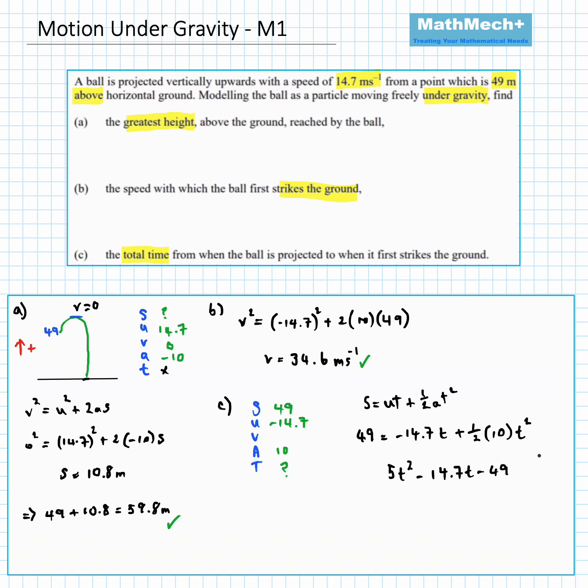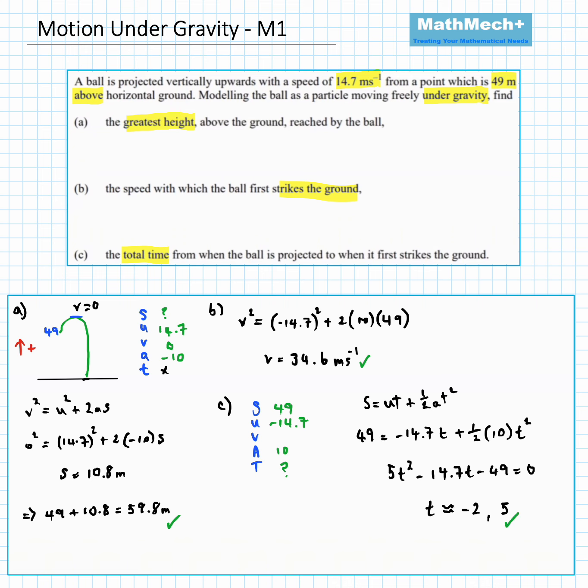So plug in your formula, minus b plus or minus root b squared minus 4ac over 2a. And you get t is equal to minus 2 and t is equal to 5. So if you think about it, our answer is definitely going to be 5. So that's our time, our total time.